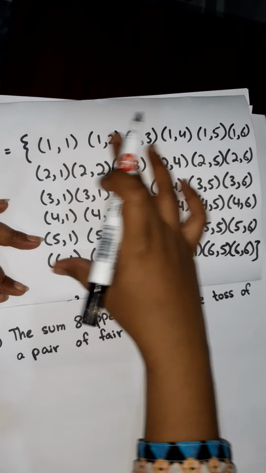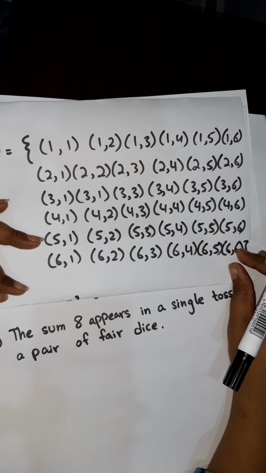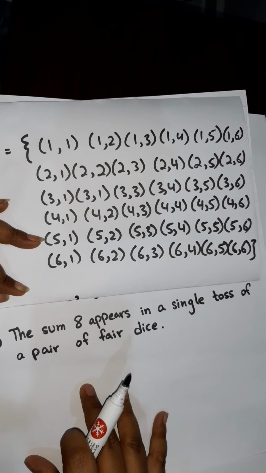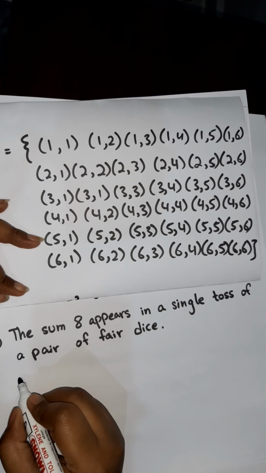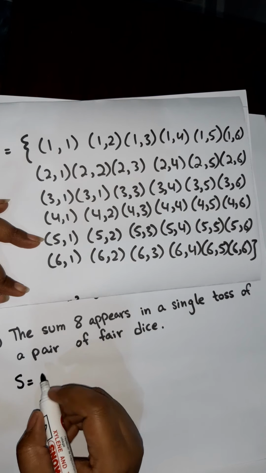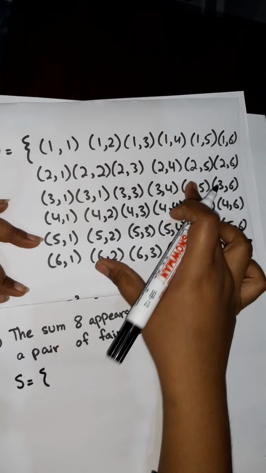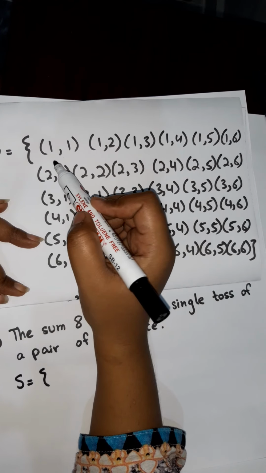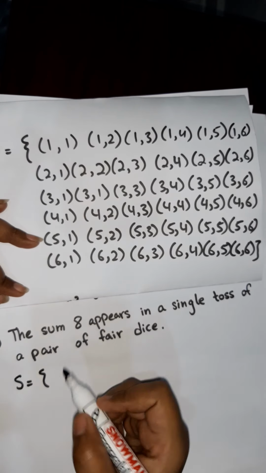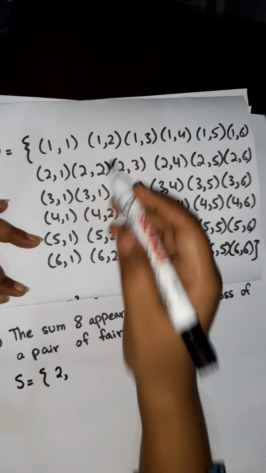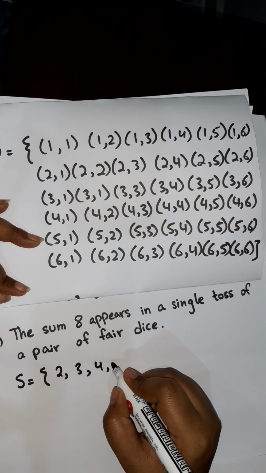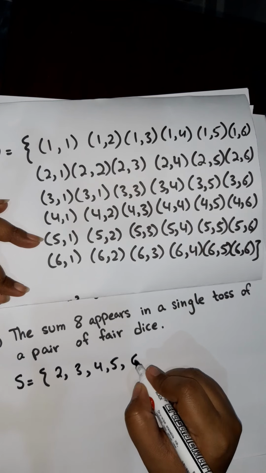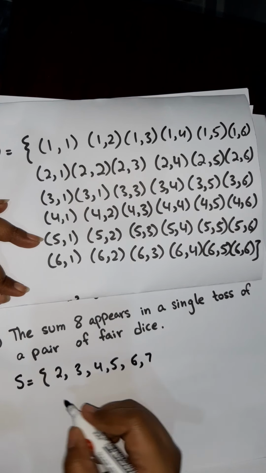So this is the sample space for this question, and you have to write this sample space here. Now we are interested in the sum, so we will convert this sample space into sums. How? 1 plus 1 is 2, 1 plus 2 is 3, 4, 5, 6, 7.